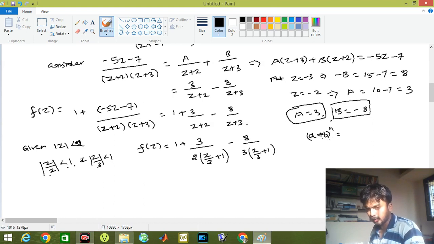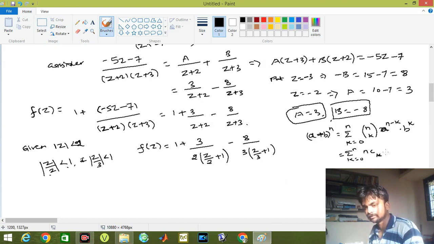So a plus b whole power n can be written as the sum over k equal to 0 to n of n c k a power n minus k into b power k. So this is the binomial expansion.